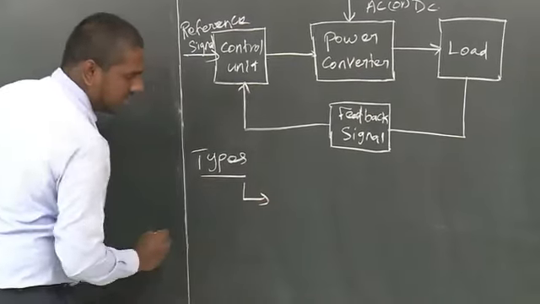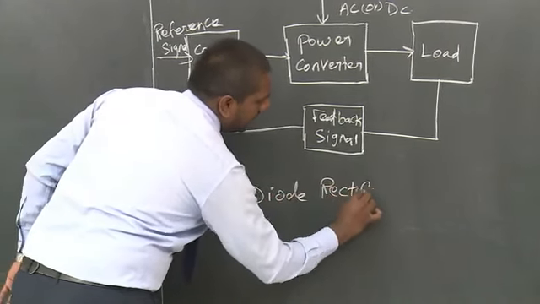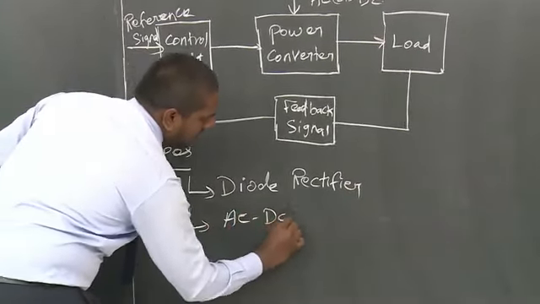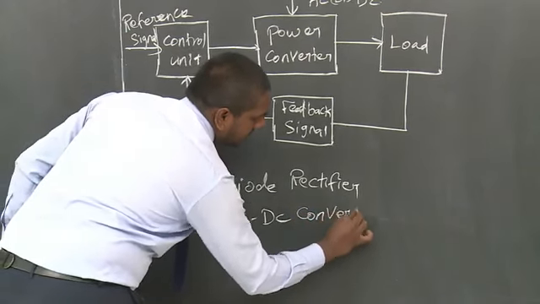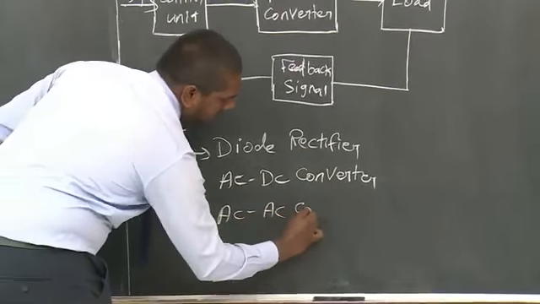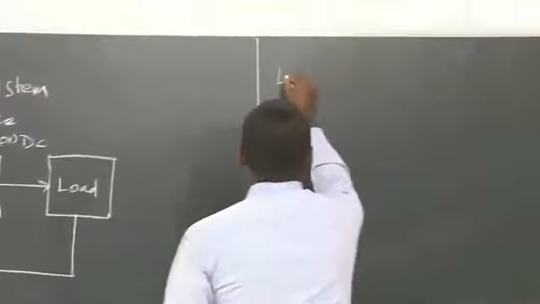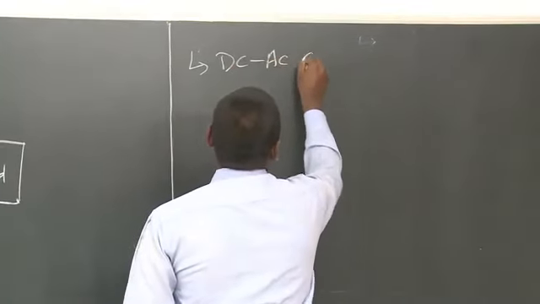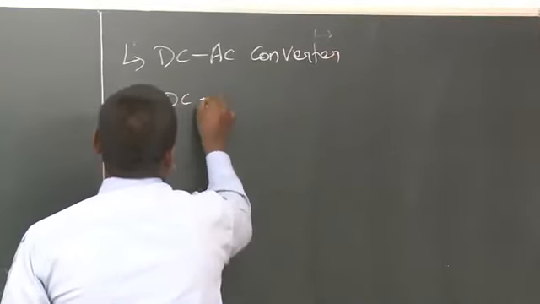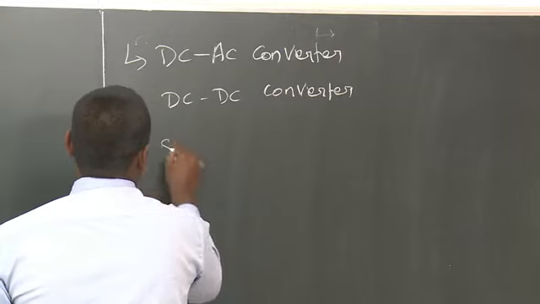The power electronic system consists of diode rectifier, AC to DC converter, then AC to AC converter, then DC to AC converter, then DC to DC converter, and finally static switches.